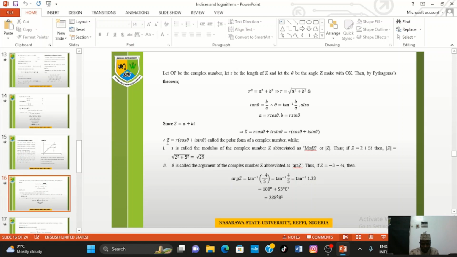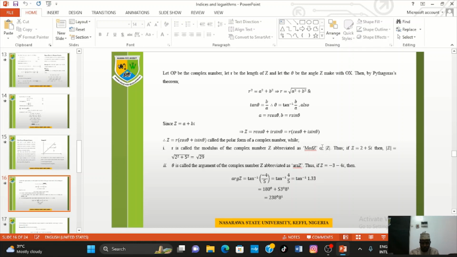That is, Z equals R open bracket cos theta plus i sine theta close bracket is called the polar form of the complex number, while the R is called the modulus of the complex number Z, abbreviated as this. So you can write it as what?